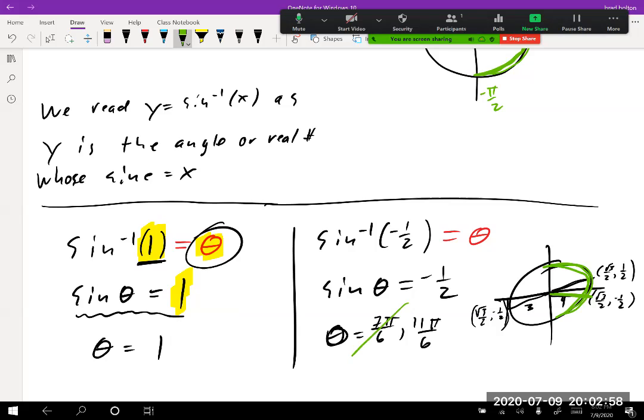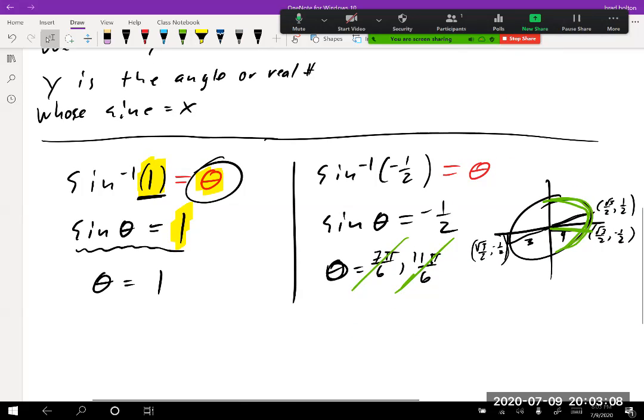This one won't work. It's not even in the right spot. It's in quadrant 3 when we're only allowed to be in quadrant 1 and 4. And this one won't work because it's not between negative pi halves and pi halves. So we have to come up with another angle that would create that same ratio of sides, that same relationship. So then we say, well, theta has to equal negative pi over 6. Okay, so that's how we can deal with it.